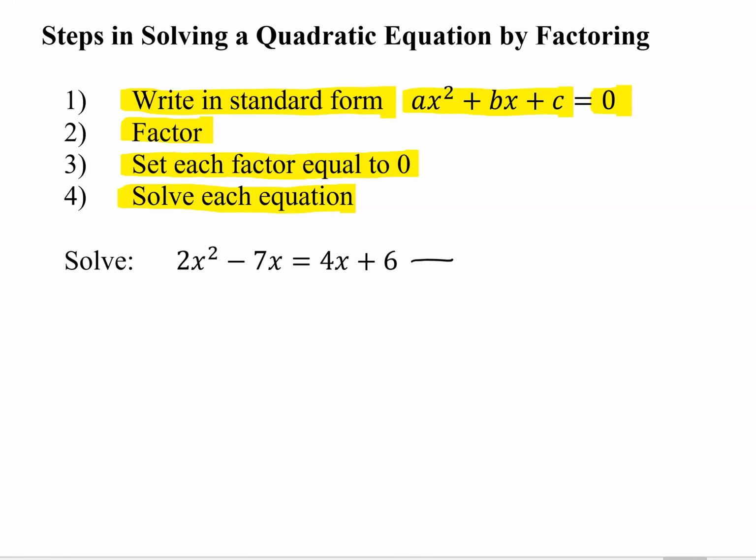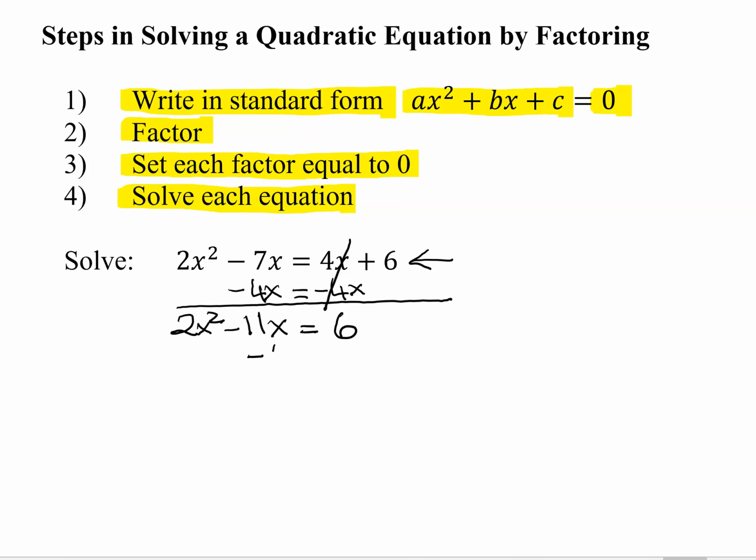Do I have 0 on this side? No. So I'm going to subtract 4x from both sides. And I will get 2x squared, then negative 7x minus 4x is negative 11x equals 4x minus 4x is 0. So I only get left with 6 on the right-hand side. I still need to move the 6.